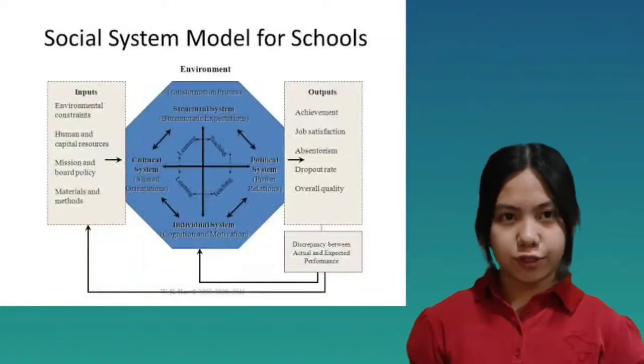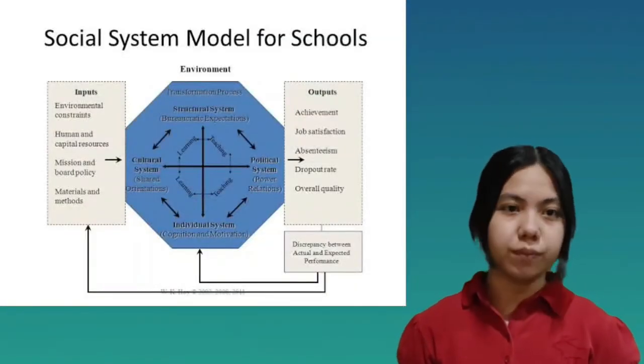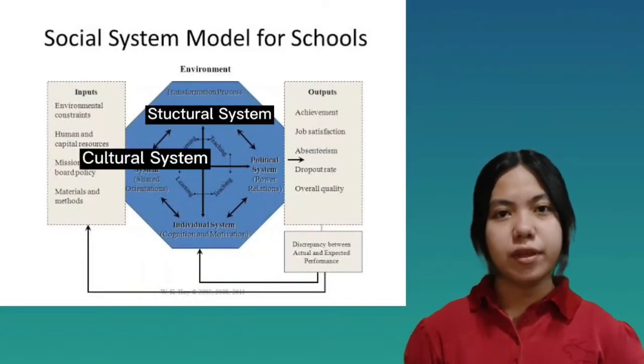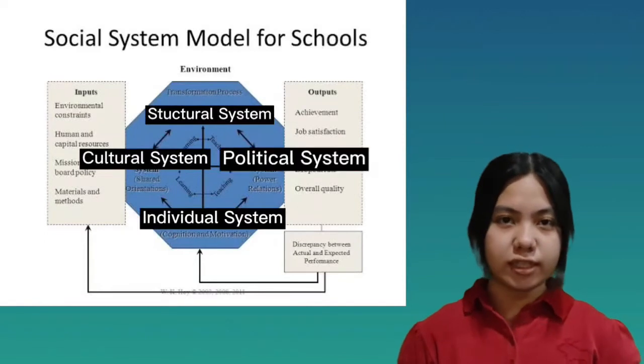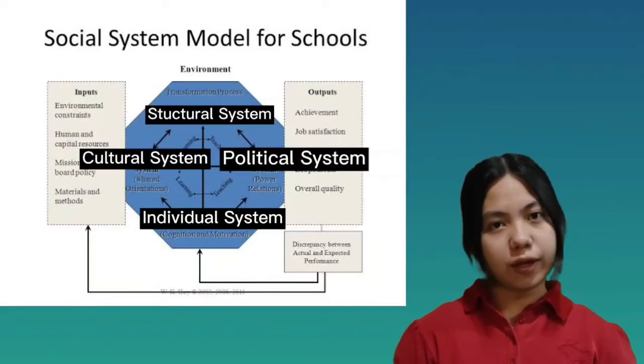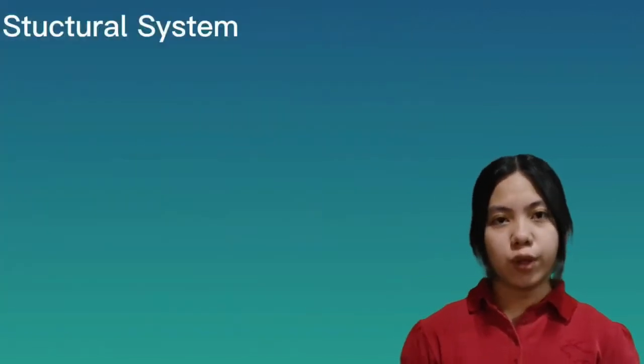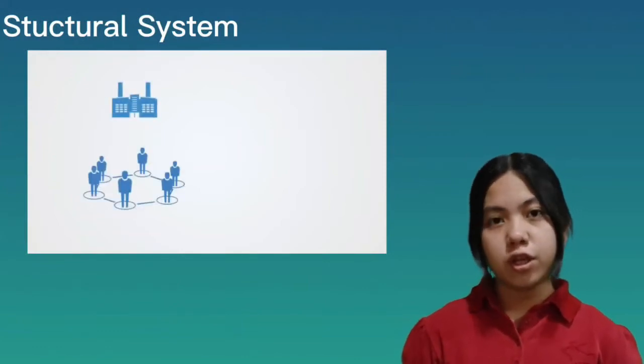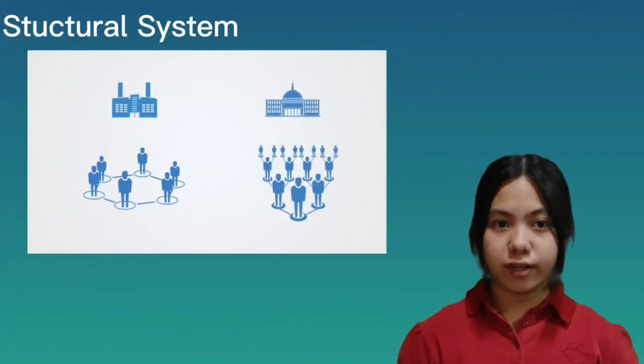So let us move on to the social system model for school. It has a structural system, cultural system, individual system, and political system. So first, let us talk about the structural system. We all know that a bureaucracy is a structure in which a large number of officials control and administer an organization.